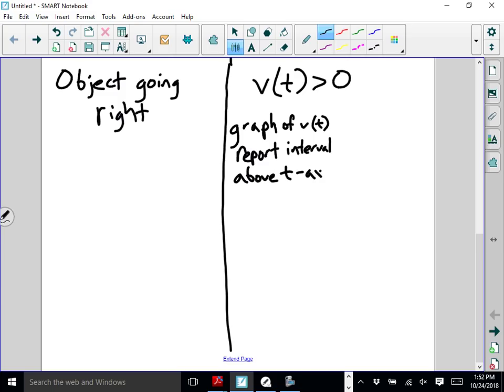So anytime on our graph where we are above the t-axis, that's our interval. But what if we have a function? Well, we want to set v of t equal to 0, solve for t, and then again we want to do a sign test.